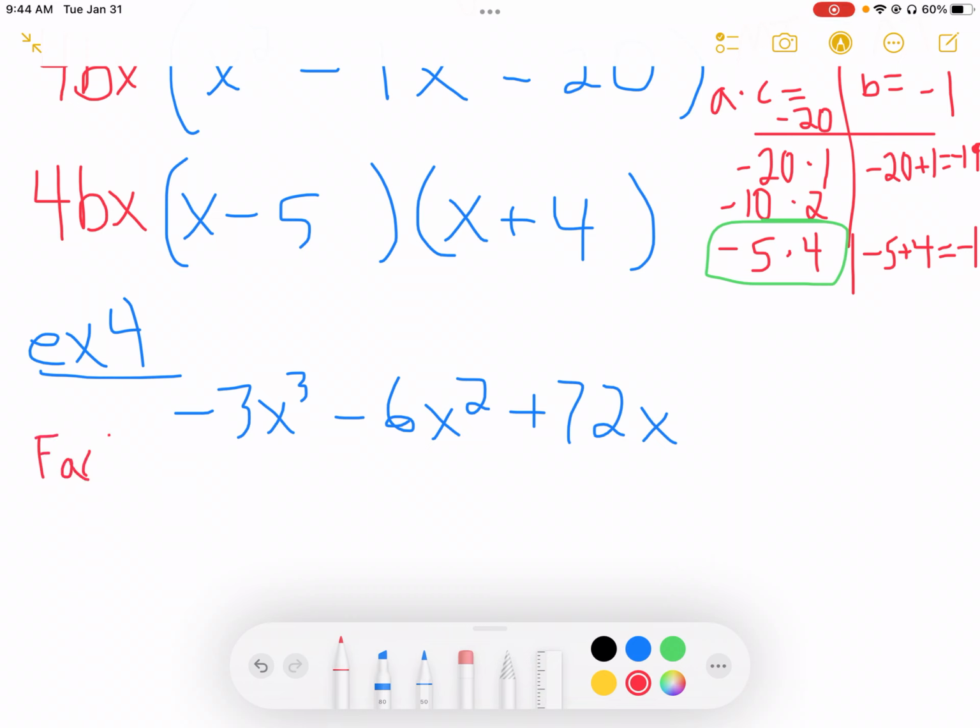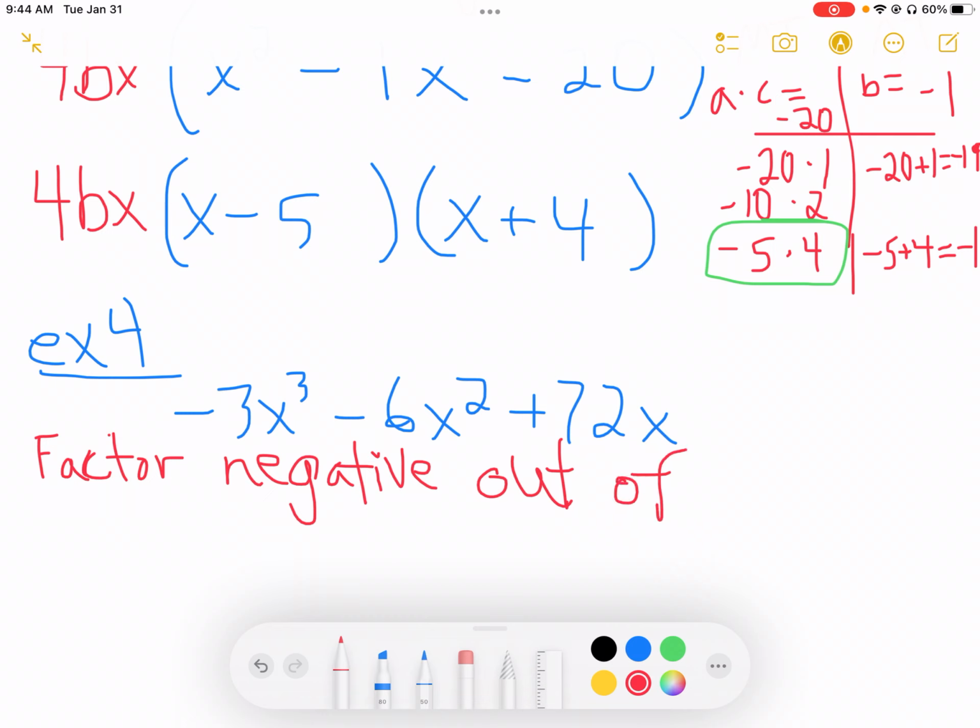Factor the negative out of A. And when I say A here, when I wrote this before, I said ax squared plus bx plus c.